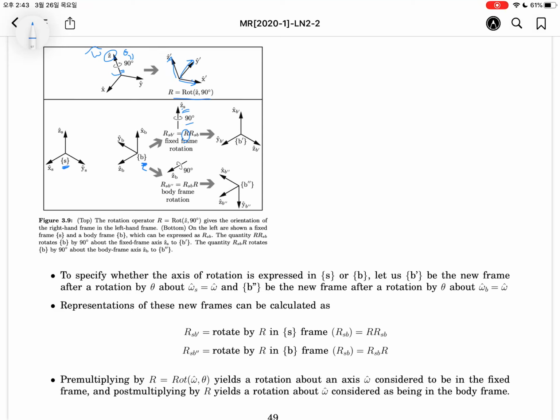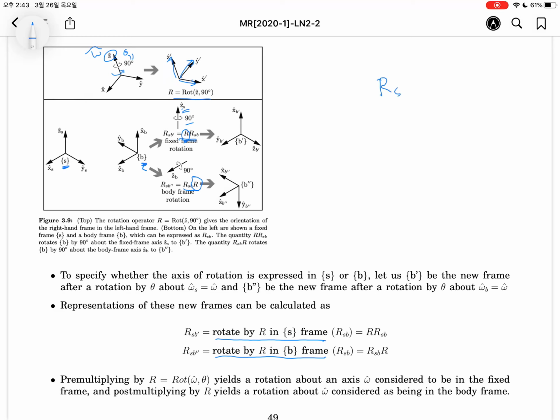So the only difference between this one and this one is the location of the rotation matrix. Like this, pre-multiplication of rotation implies rotation by R in the reference frame. On the other hand, post-multiplication of rotation implies rotation by R in the B frame.